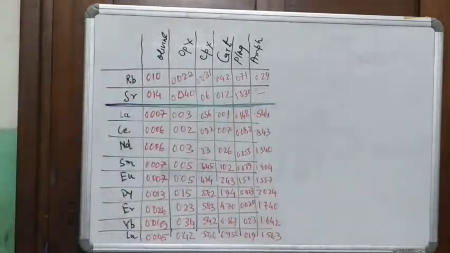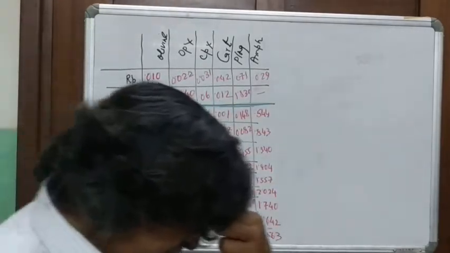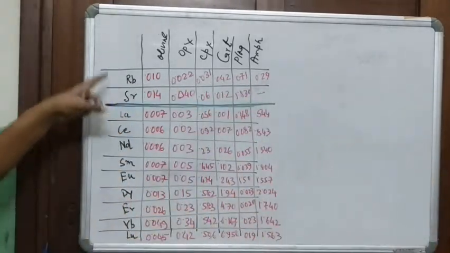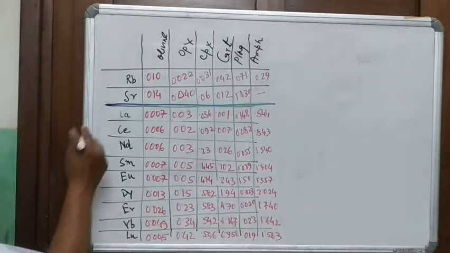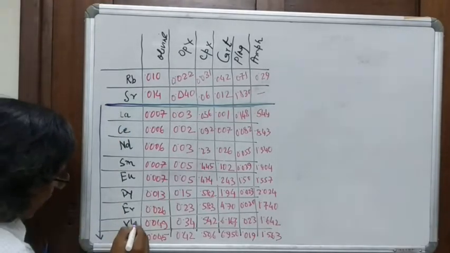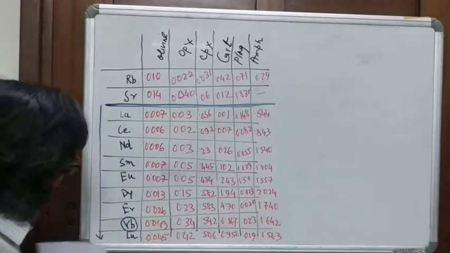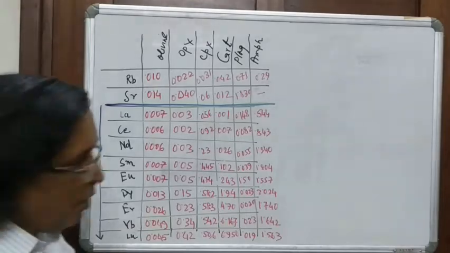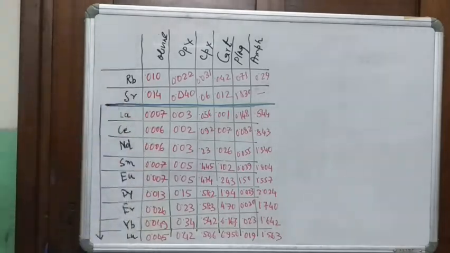Rubidium and strontium, these are alkali arc elements. This is very different. But here, these are rare earth elements, except for ytterbium. Oh no, ytterbium is also a rare earth element, yes. So all these are rare earth elements.